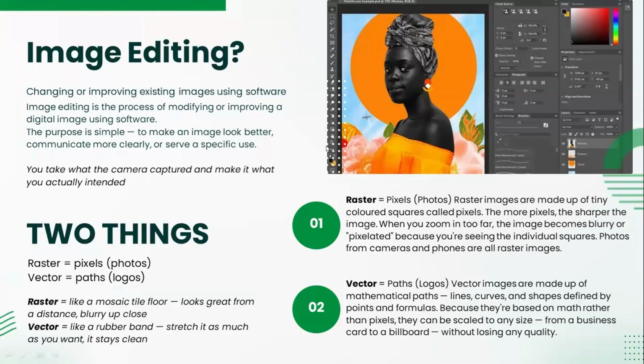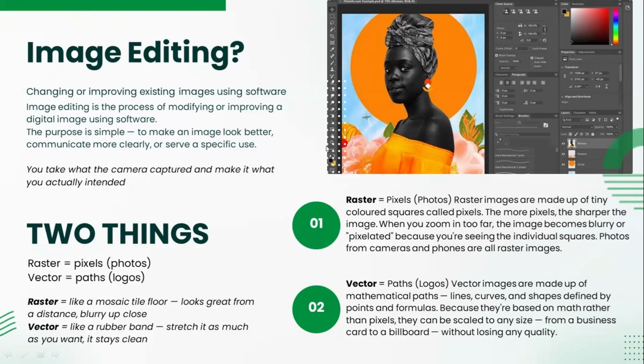You are trying to change or improve existing images using some software. There are different software that can do that, and Photoshop is one of them. It does it perfectly well. You take what the camera captured and make it what you actually intend, what you want it to look like. That's what image editing is.